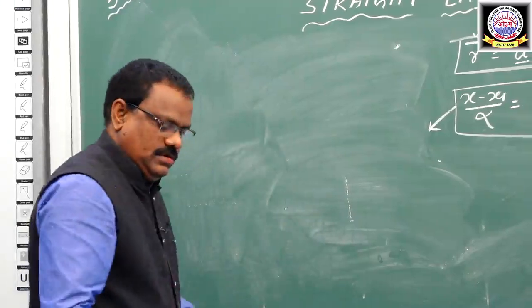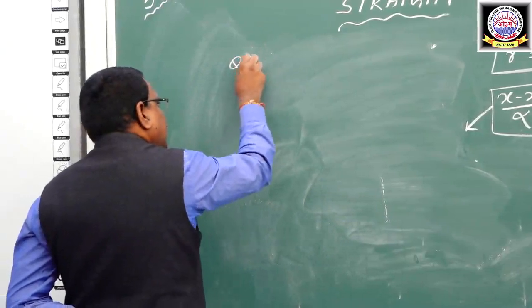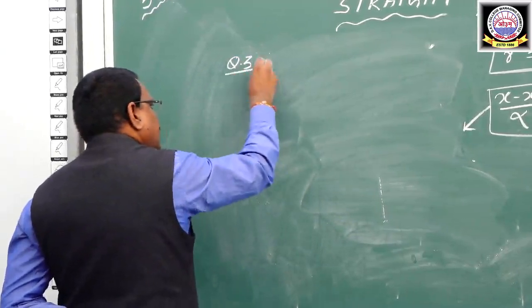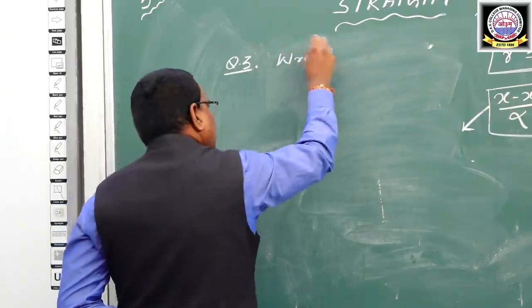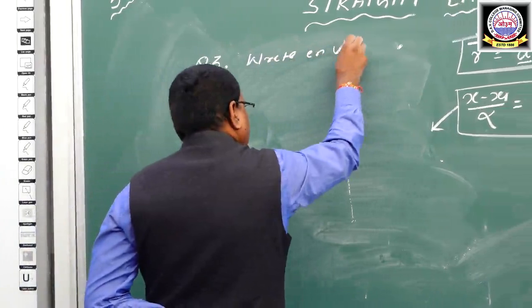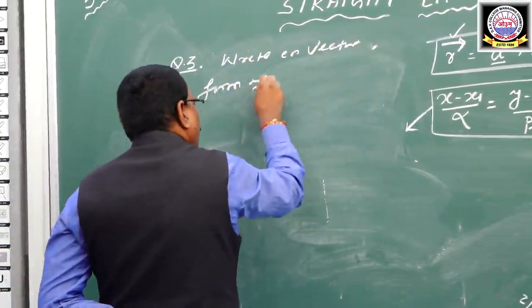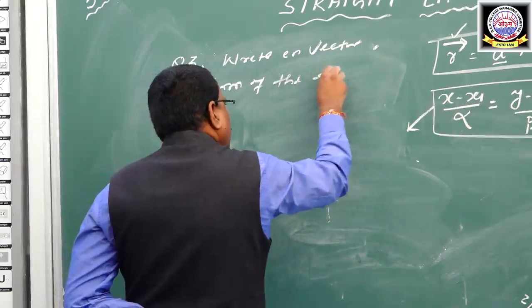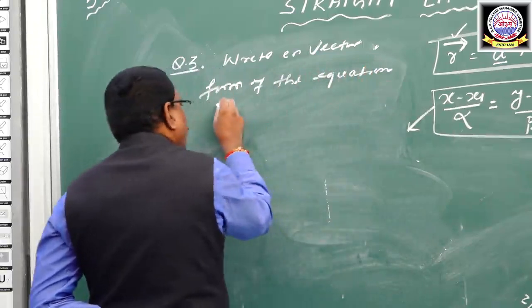Question number 3. We will move very slowly because this chapter is like that. Very interesting if you will understand from the beginning. Write in vector form of the equation of the line.